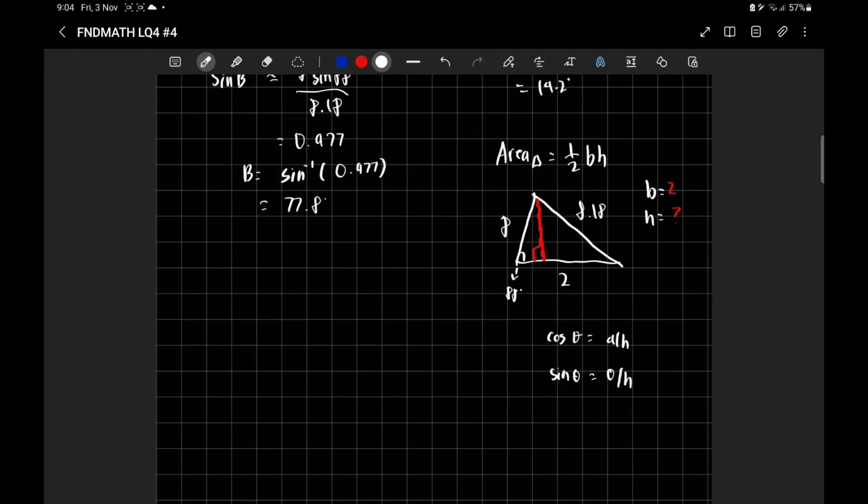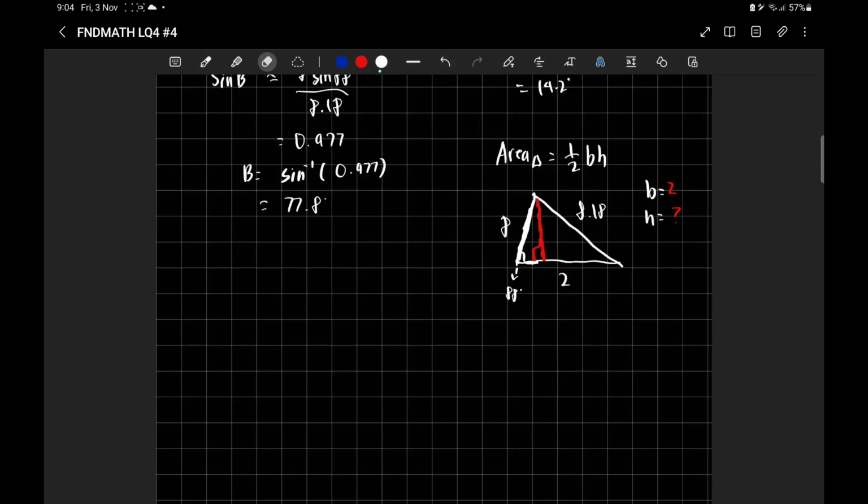Alam na natin hypotenuse niya, na ito 8 na to ang hypotenuse niya, di ba? Paano natin mahanap itong side na to? Siyempre, gagamitin natin si sine, hindi si cosine. Kasi pag si cosine ginamit natin, mahanap natin itong nasa baba niya. Kailangan natin itong nasa taas. So, gagamitin natin si sine.